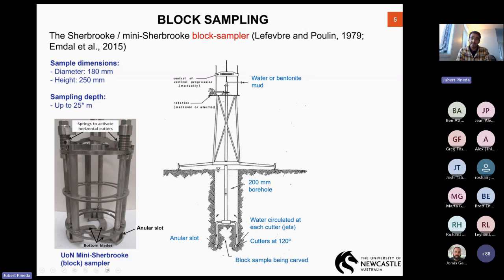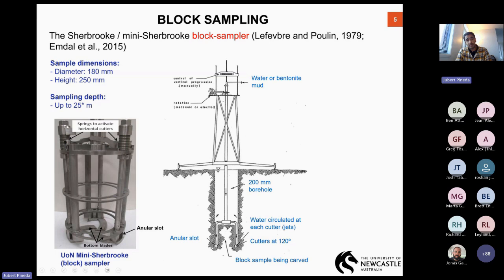In order to use this for sampling soft soils, the first thing we have to do is to open the bottom blades. So the bottom blades need to be open in order to allow the natural ground to get inside this metallic cage.